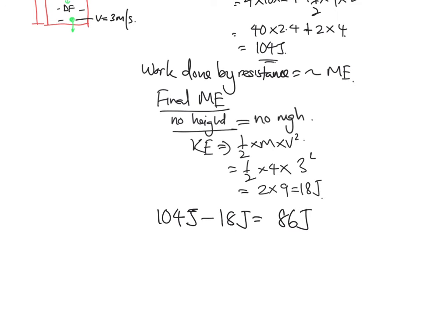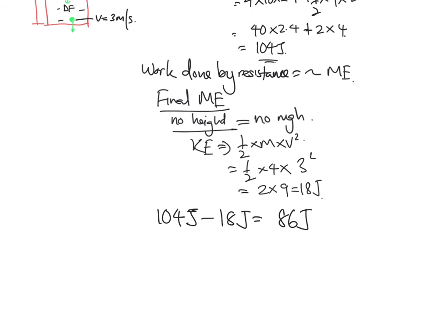Now resistance is actually an opposing force, the force that works to reduce the movement of the stone. There's a force which is resisting. This force will reduce the final ME of the stone. That's why you have here 18 joules.